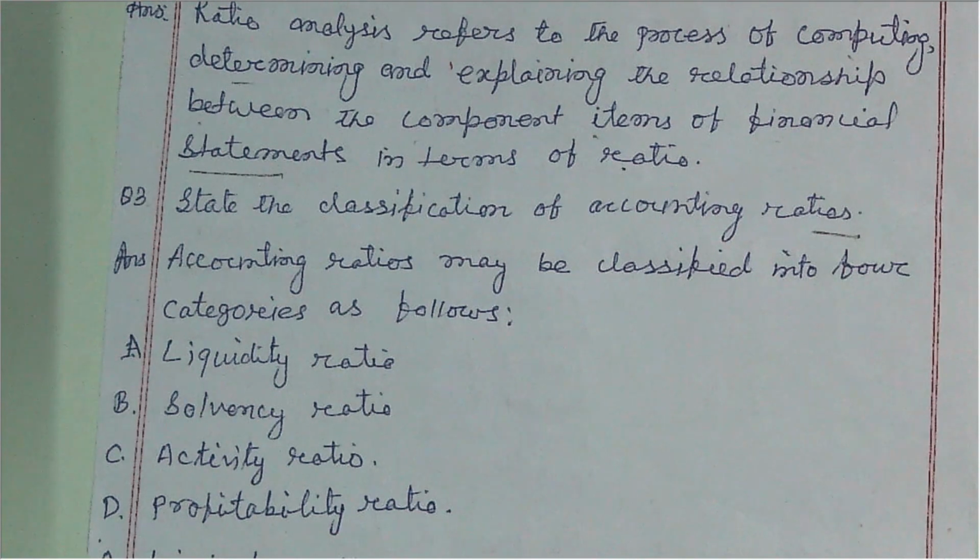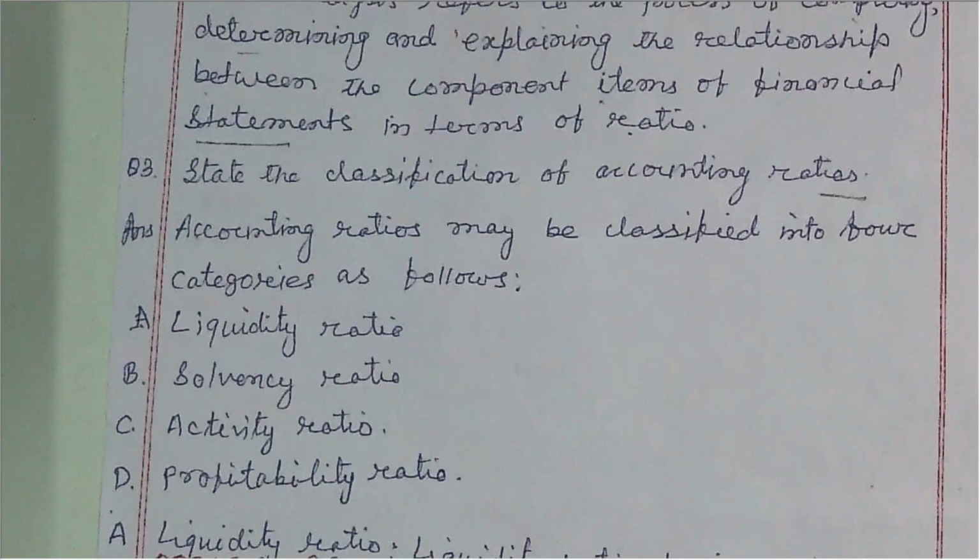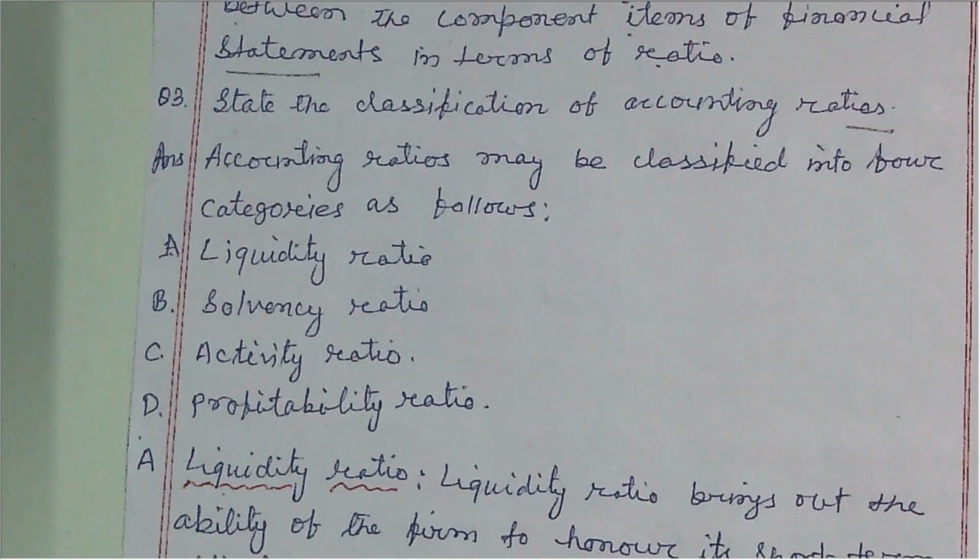To know the short term liquidity position of the business, we calculate liquidity ratio. To know how efficiently the various assets have been used by the business, we calculate turnover ratio or activity ratio. And profitability ratio is the analysis of the profit and loss statement. Various expenses, gross profit and net profit analysis is done with the help of profitability ratio.